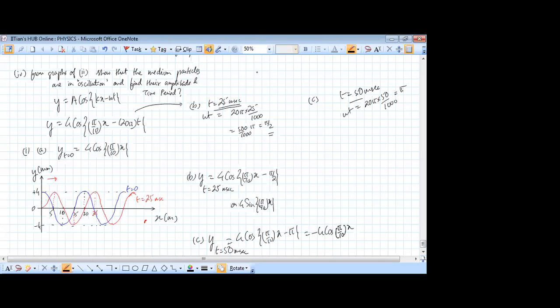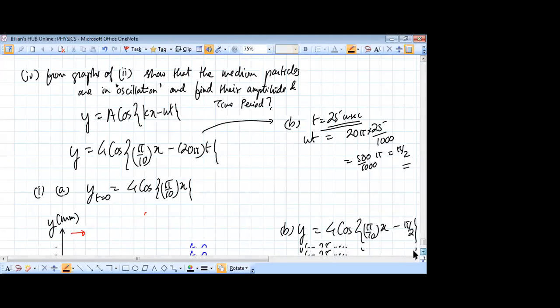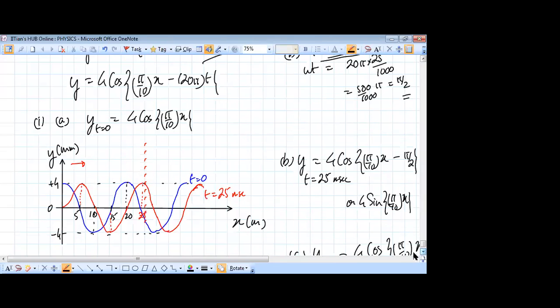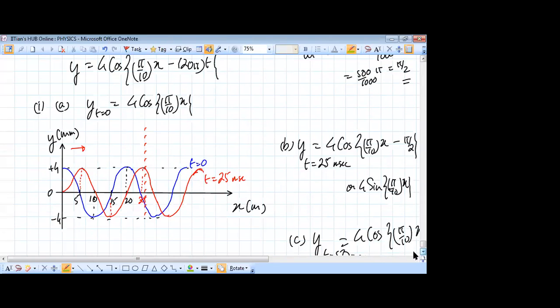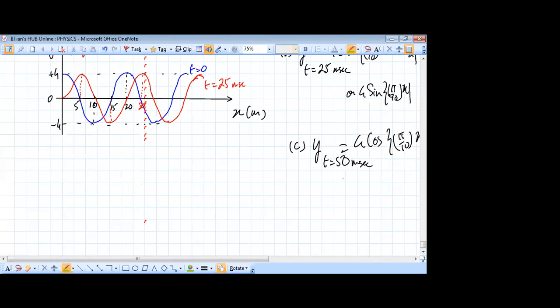In the same graph, if we want to overlap the shape of the medium at the instant t equal to 50 milliseconds, this becomes the minus A cos kx kind of graph, because that term becomes pi. So it becomes a graph which will look like this.